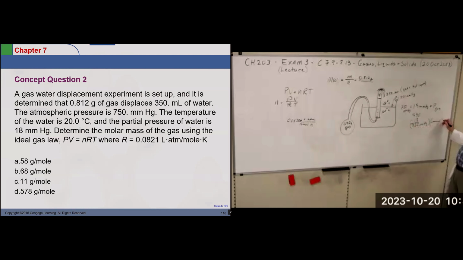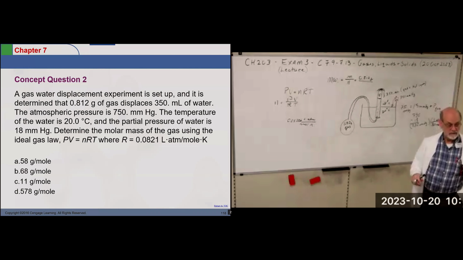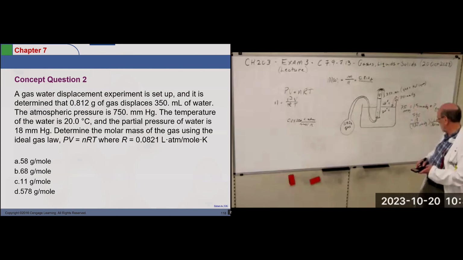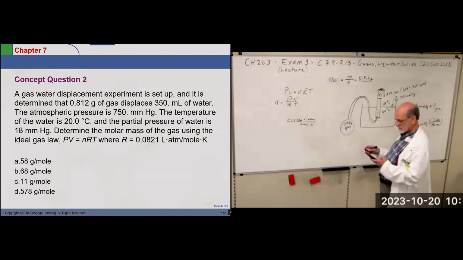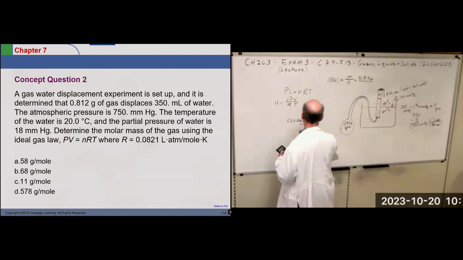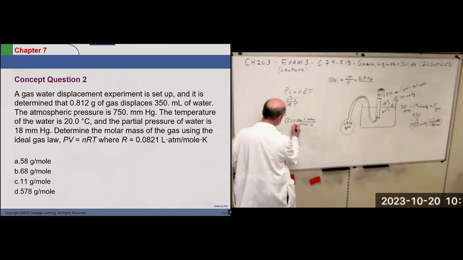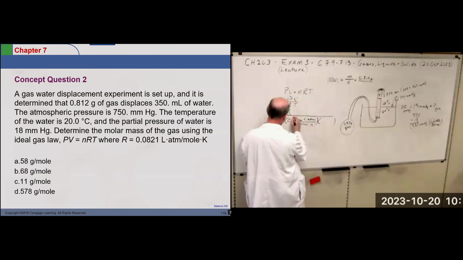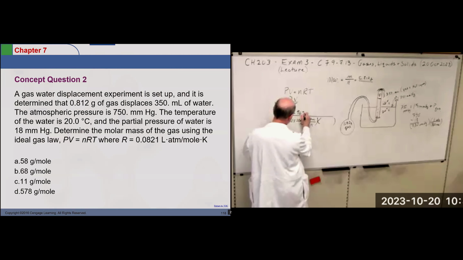You need a conversion factor. 760 millimeters of mercury is 1 atmosphere. So you divide 760 into 732, and you get the atmospheres that we can use in our equation. So let's go, 732 divided by 760 is 0.963. Yeah, 0.963 is pressure. So this is in the denominator. Pressure is going to be 0.963 atmospheres.